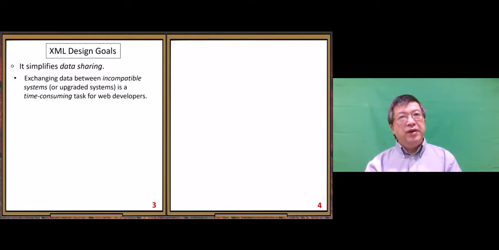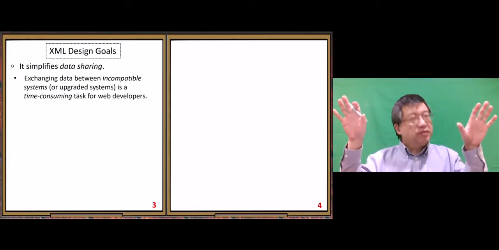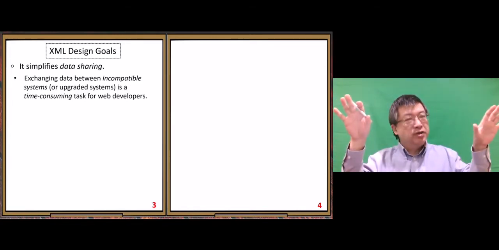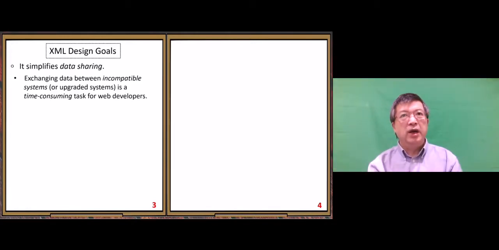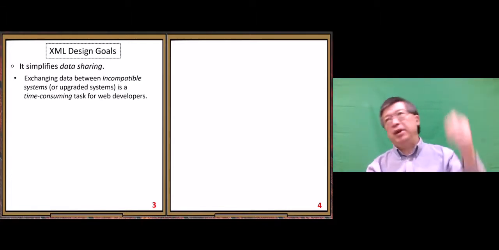It is very common for different systems to be incompatible, right? How to exchange data between those systems? That problem should be solved in general software development, especially for web applications.